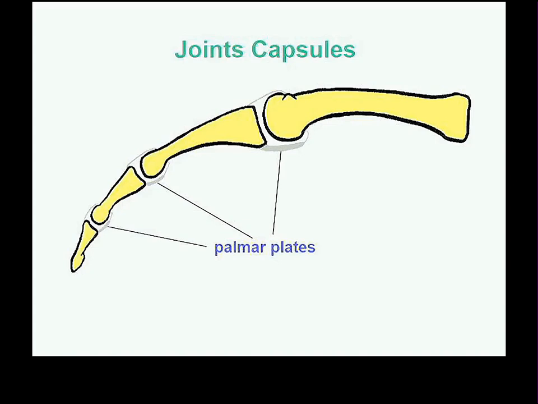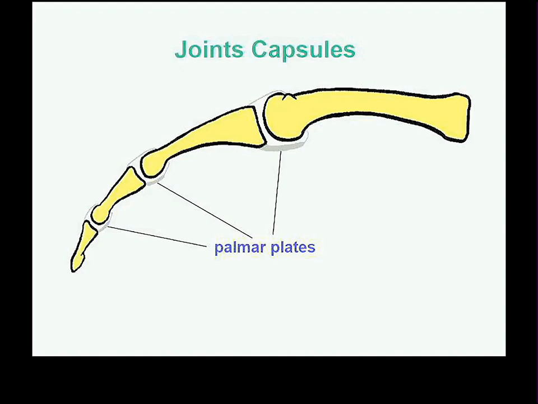And the difference between those of you who can hyperextend this MCP joint to 45 or 90 degrees, and me, is I have a very tight ventral aspect to my capsule. The ventral part of my capsule is very tight and will not allow me to hyperextend my MCP joint, whereas most people have a fairly loose ventral capsule and can extend.